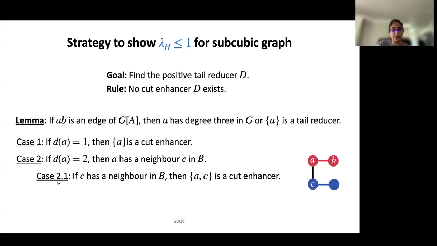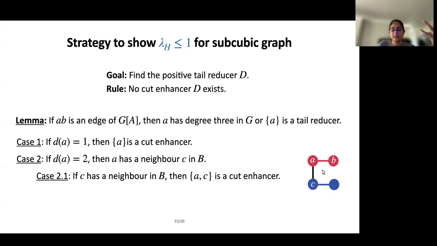In case 2, now we assume that the degree of A is equal to 2. That means that A has a neighbor C in B. I'm denoting those by blue vertices. In particular, if we observe this vertex C, it can have an edge in B itself, that is, a blue vertex adjacent to C. In that case, if I just flip the colors of A and C, that is, move A to the blue vertices and move C to the red vertices, all these 3 edges become part of my cut set.